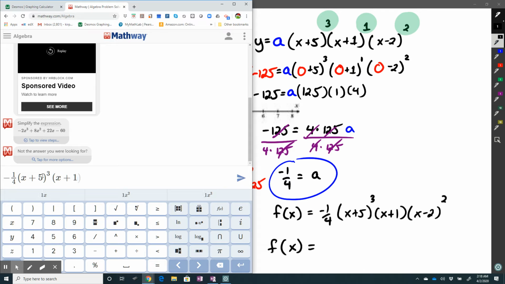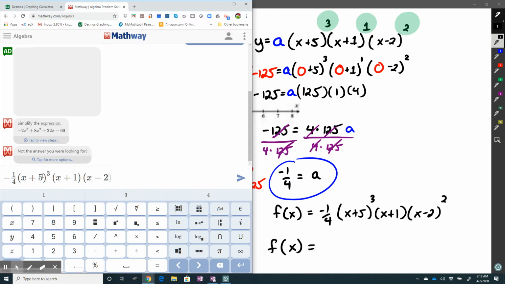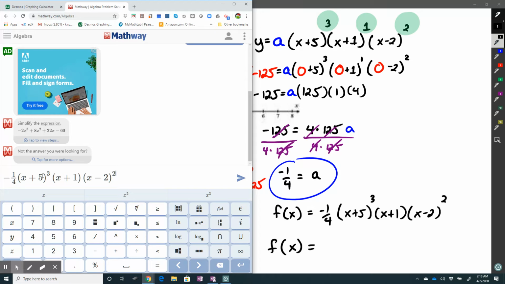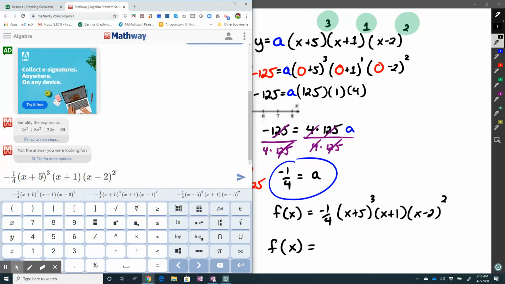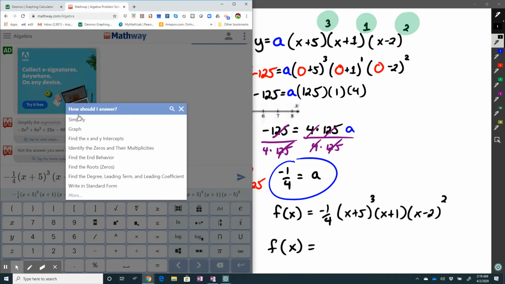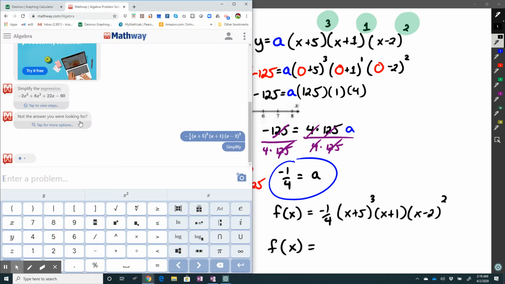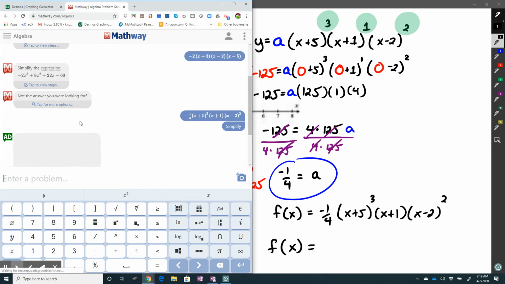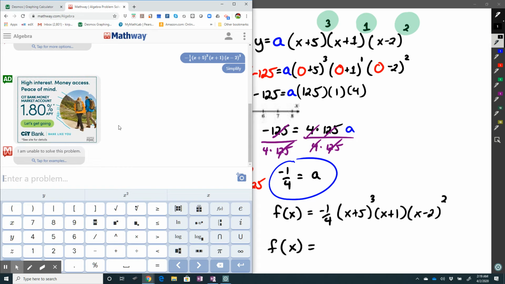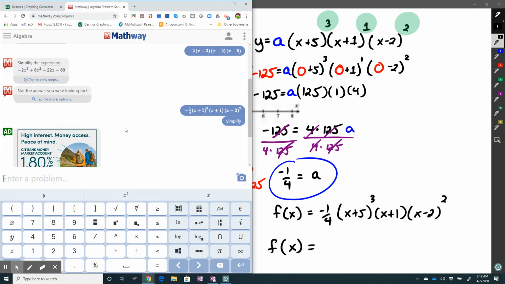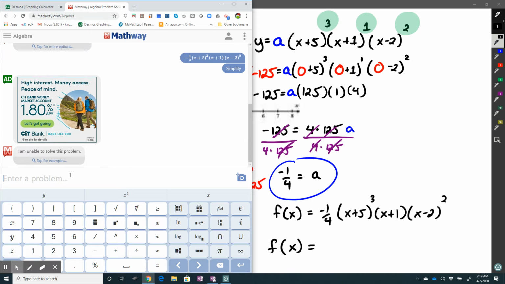And again, it's not that I'm cheating, it's just that expanding a polynomial like this is a remedial topic, and we don't have time to cover a remedial topic like this. Also, it's extremely time consuming. And so I'm going to simplify that. Unable to solve it. Let's try it one more time. That's kind of funny.